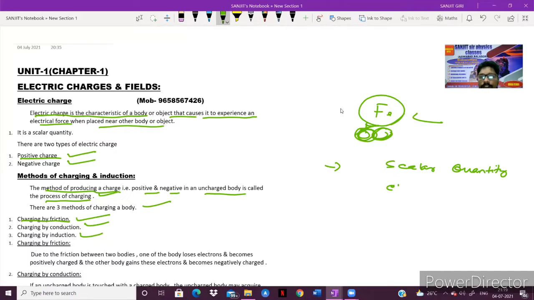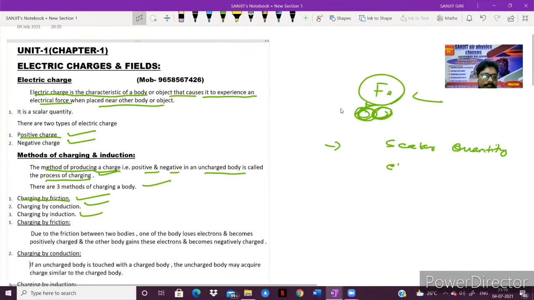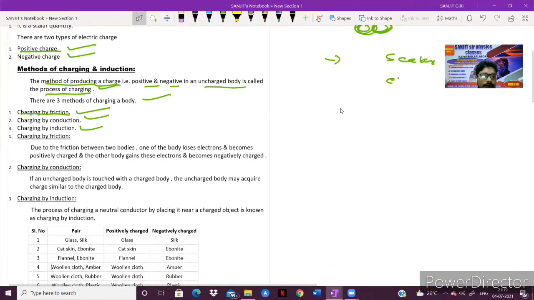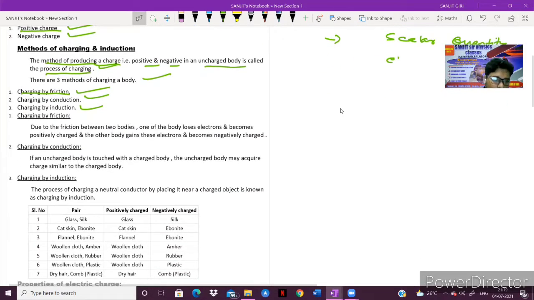Now first we have discussed the process when an uncharged body is charged by friction. Due to friction between two bodies, one body loses electrons and becomes positively charged, and the other body gains these electrons and becomes negatively charged.